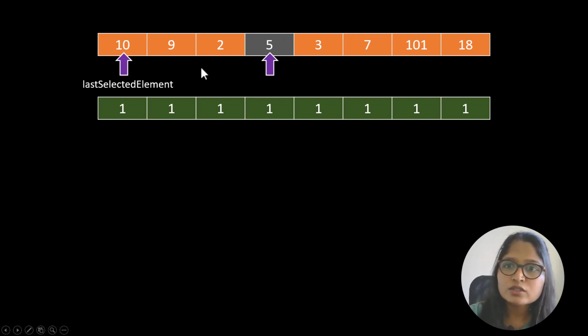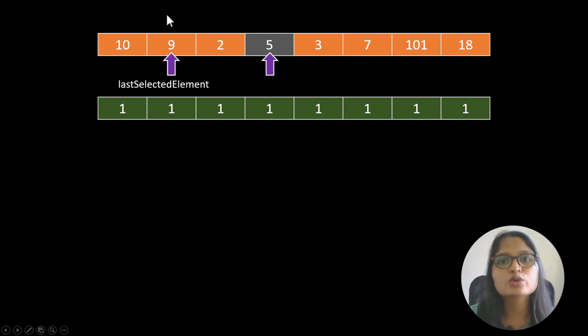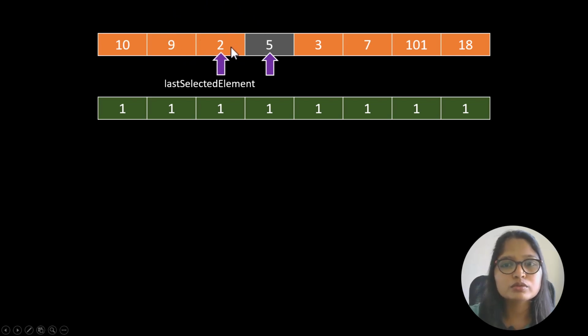So now I skip this and go to 9. If I select this element as the last element, what is the longest subsequence I can get? But selecting 9, 5 is also not possible because this is not an increasing subsequence. So we go to 2. Now, if this was the last selected element, can I add 5 to this and make an increasing subsequence? Yes.